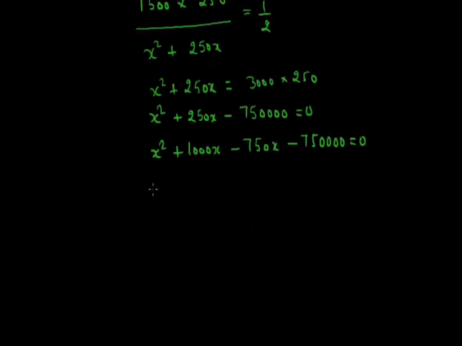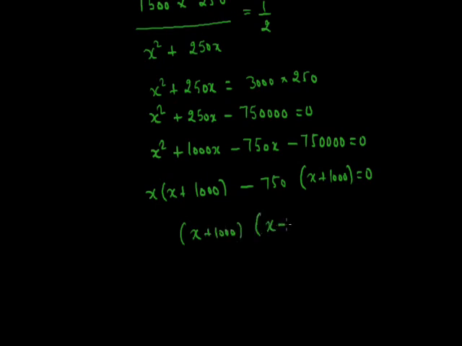Now take common from the first two terms. So x is common, x plus 1000, and minus 750 is common from the last two terms, x plus 1000. So x plus 1000 multiplied by x minus 750 equal to 0. So x equal to minus 1000.